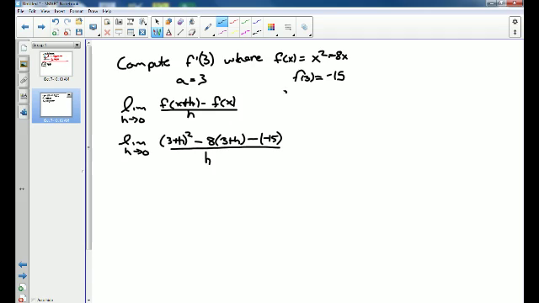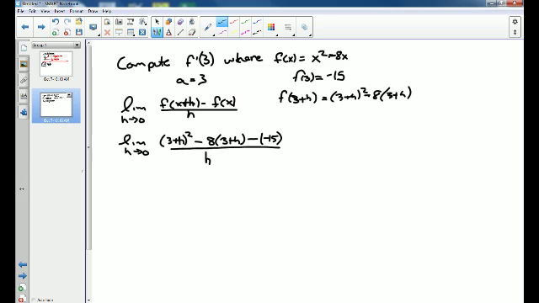So f of 3 plus h is just plugging 3 plus h in here and here. 3 plus h squared minus 8 times 3 plus h. What am I telling you? f at 3. Right? Good? Alright, algebra.